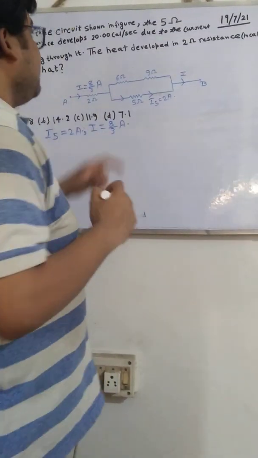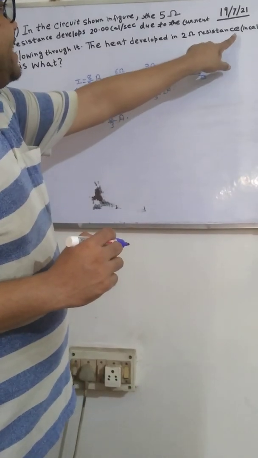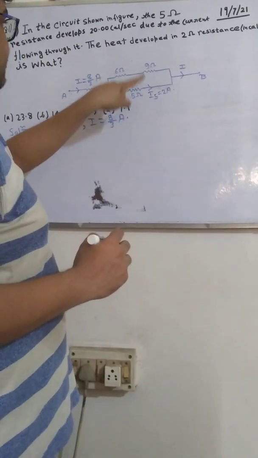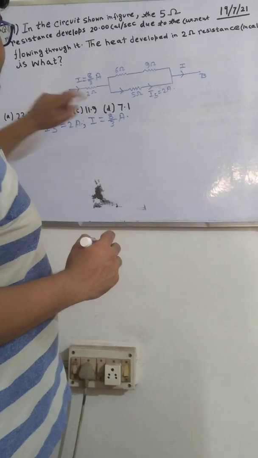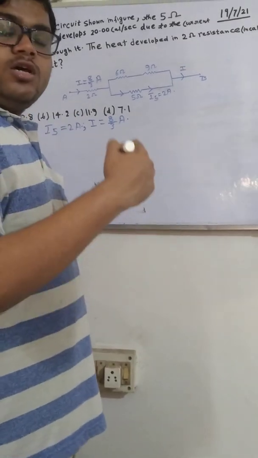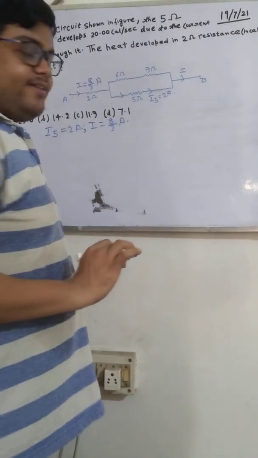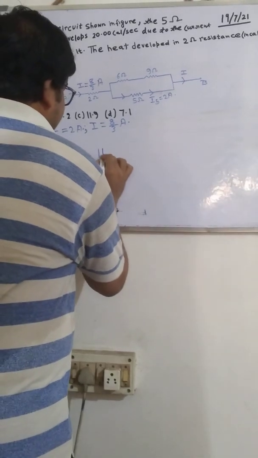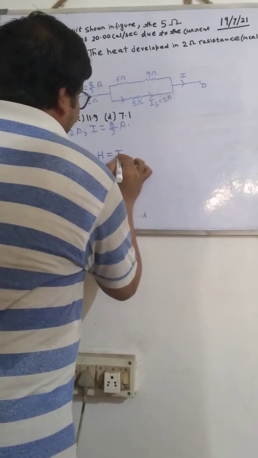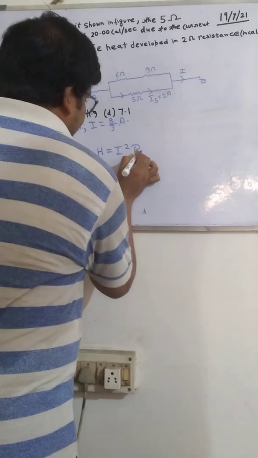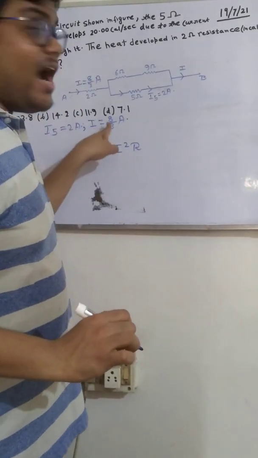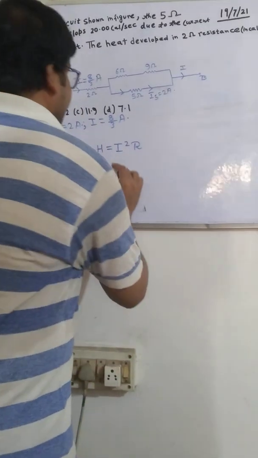Now the question asks, what is the heat that is being developed in the 2 ohm resistor? This resistor. Again we will use Joule's law of heat dissipation, that is H is equals to I square R. But here we will use the value of I, not I5.